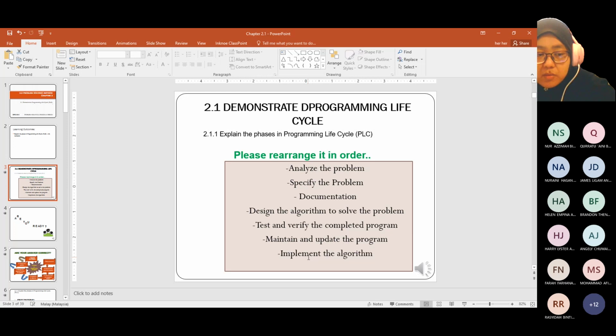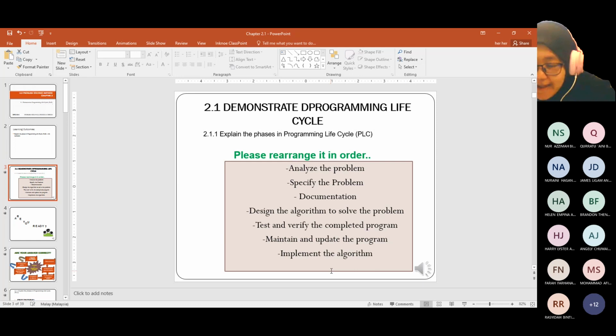I know you haven't learned anything yet, but based on your own logic and common sense, try to rearrange all the phases in order, from number 1 up to number 7. Boleh?